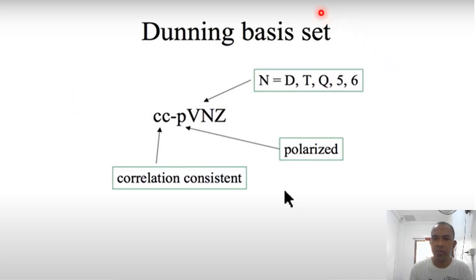In the naming convention, the Dunning basis sets are relatively popular because they are usually named cc-p-V-n-Z. The cc is an acronym which stands for correlation consistent.